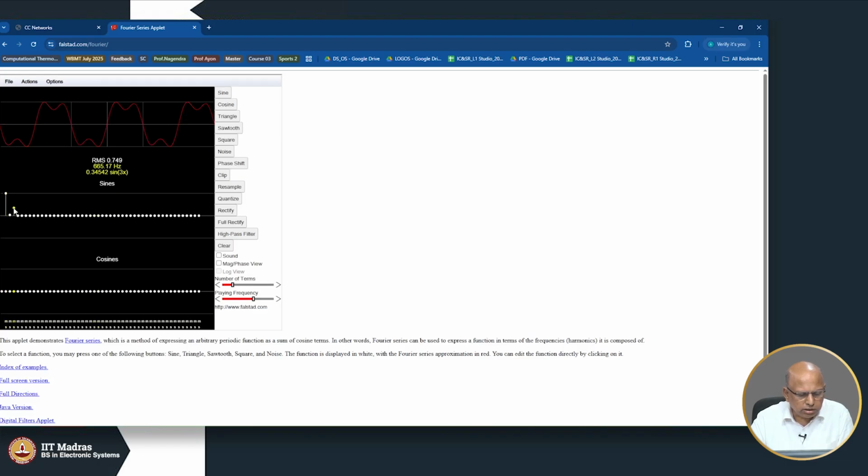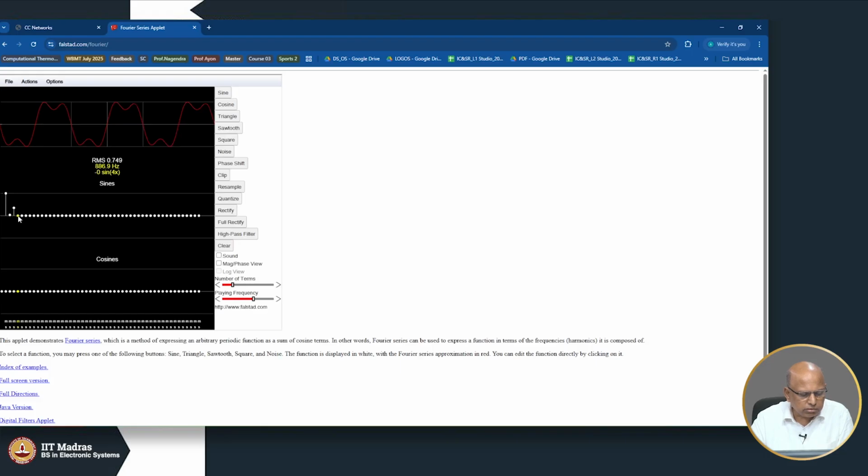So, this is approximately 0.33. Okay. I can adjust this to be 0.33. When I add them, it looks more or less like the square waveform, right.